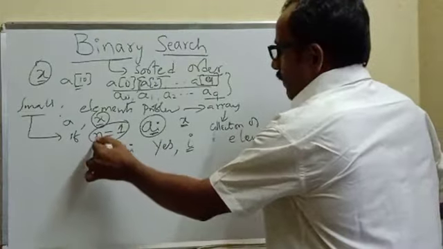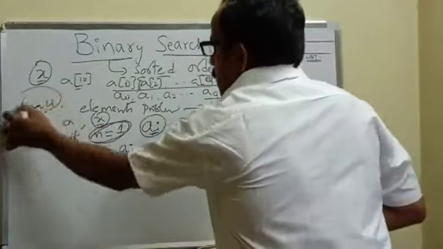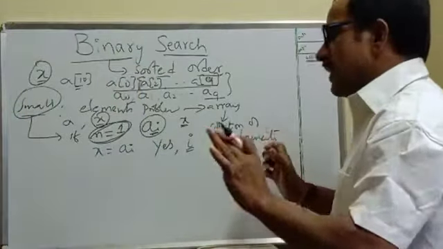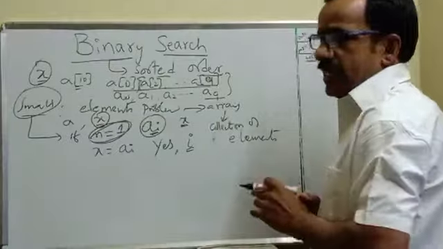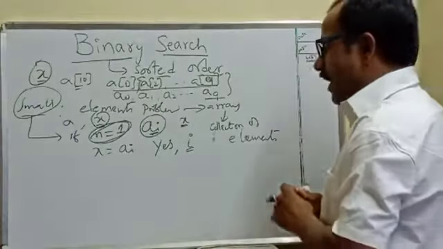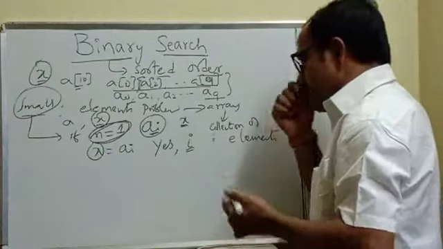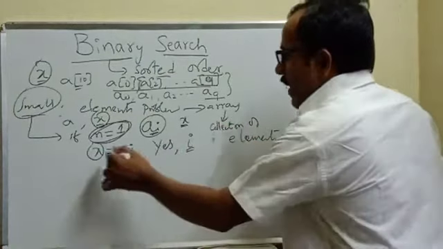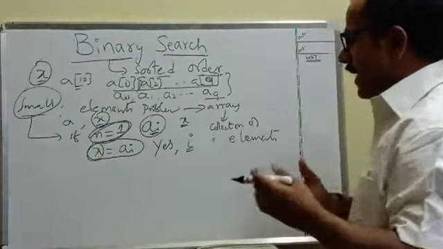So if the number of elements is 1, the problem is acceptably small. If one element is there, that is treated as the smallest subproblem. The searching element is x. Under this small condition, immediately verify whether the element in the array or selected subarray and the searching element are equal.